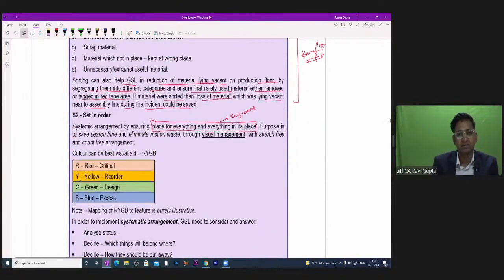So why is it necessary to set in order? I have given you an example also when we were doing this case study. Generally, when we are going to the office or to work, always in the morning, this usually happens with me. I have to wear socks, right?